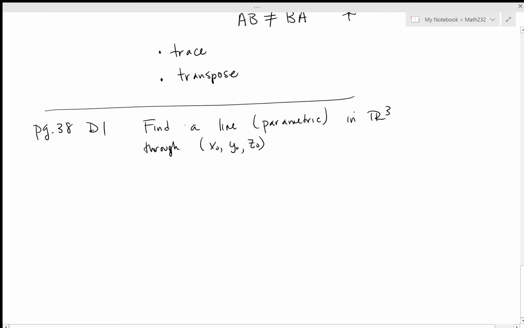Some point, through a point, perpendicular to this line, which is given parametrically.